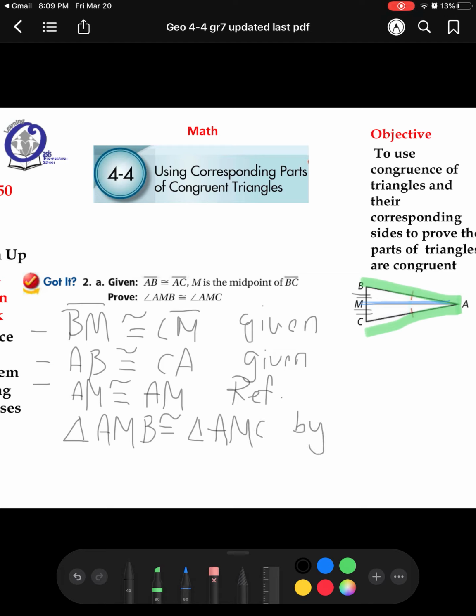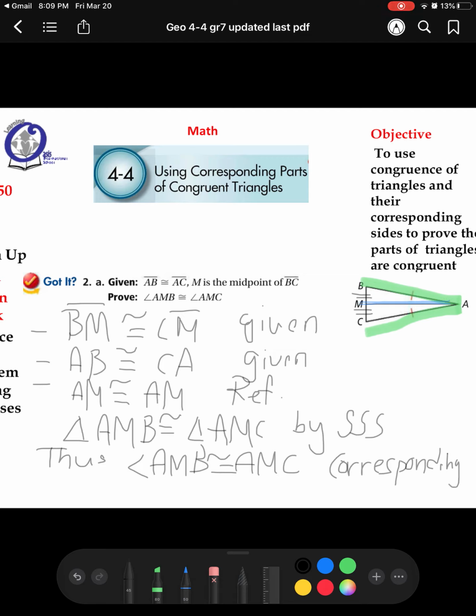by the SSS postulate. What is the result of the congruence that we found? Thus, the angle AMB is congruent to angle AMC. Why? Because corresponding angles in congruent triangles are congruent.